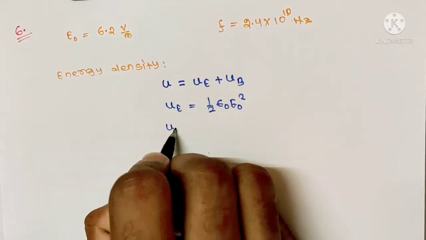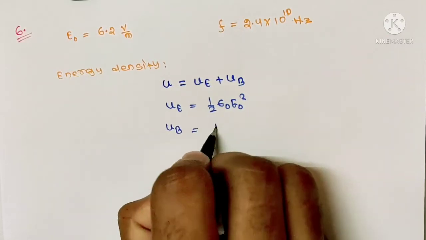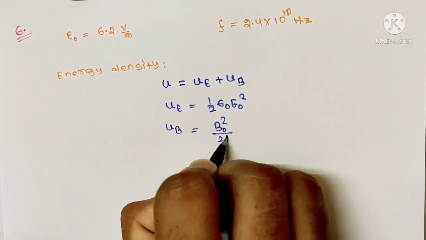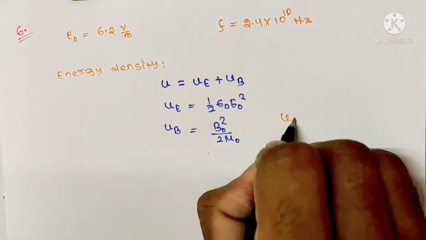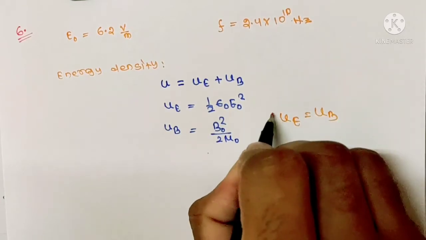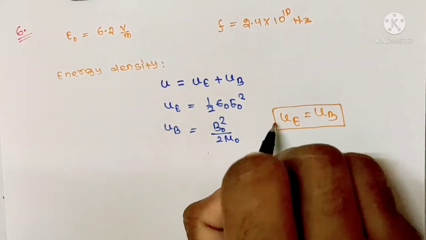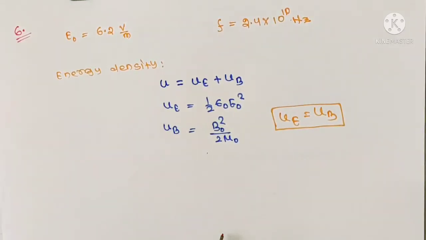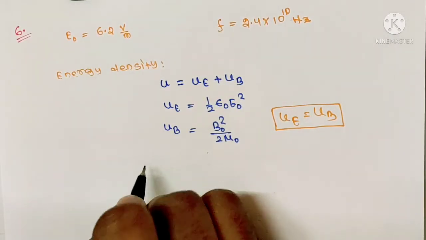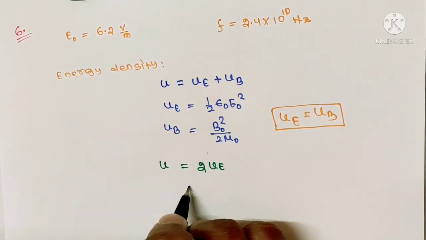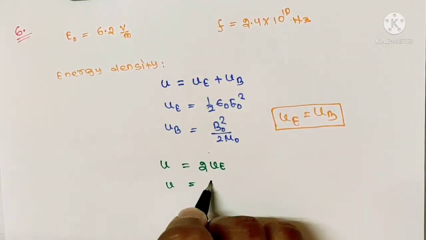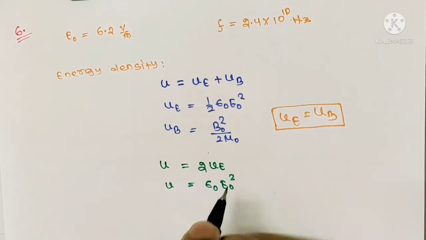Energy density of magnetic field is B naught square by 2 mu naught, and we know U_E equals to U_B. Energy density of electric field and magnetic field are same. So energy density of electromagnetic wave will be 2 U_E, or U equals to epsilon naught E naught square.